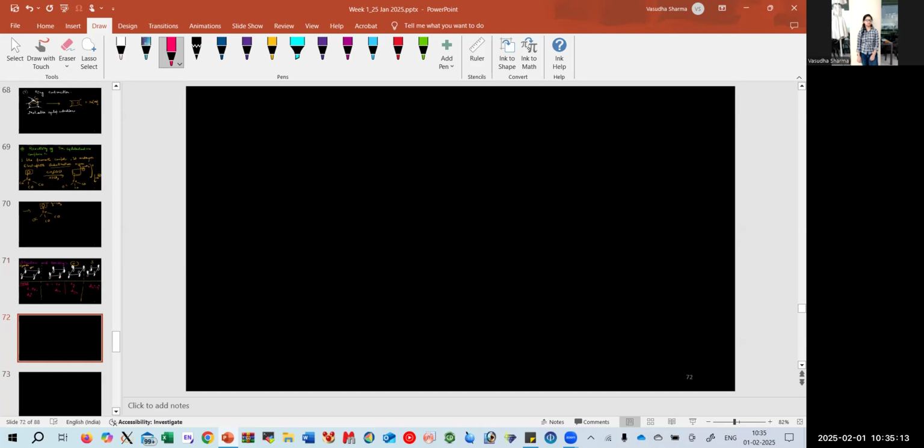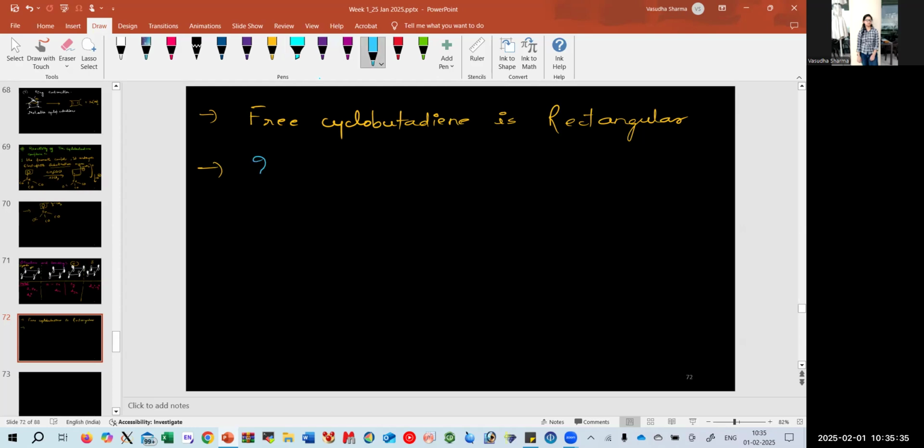So some features are there that free cyclobutadiene is rectangular, whereas in transition metal cyclobutadiene complexes, it is square.